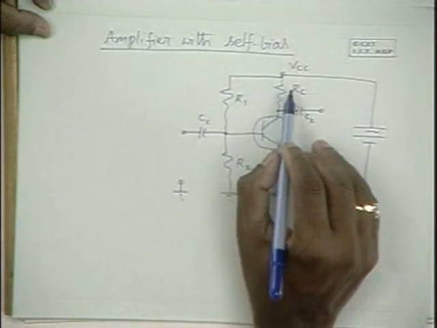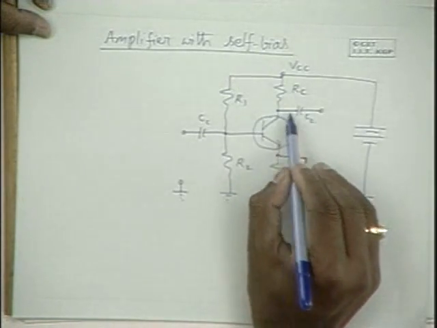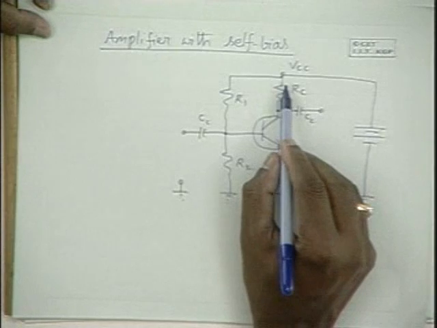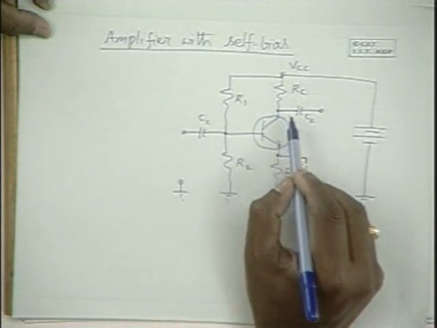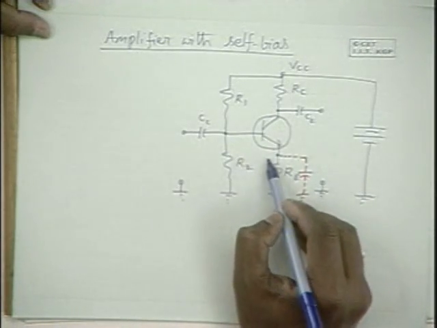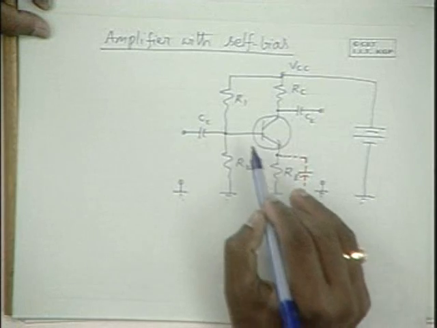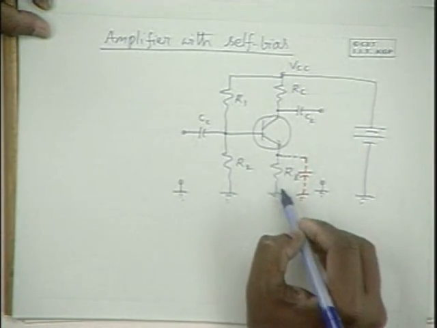So the AC output current responsible for this output voltage is IC here, and the input voltage here is this voltage plus the voltage across RE. If this is negligible, the input voltage gets dropped across RE totally.